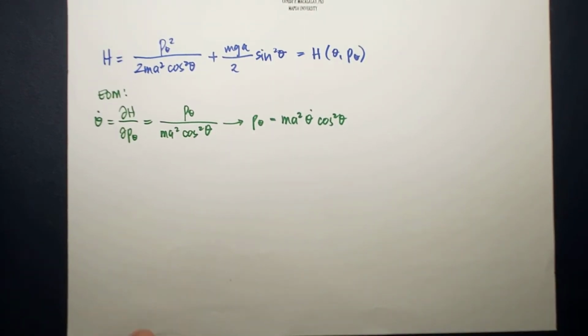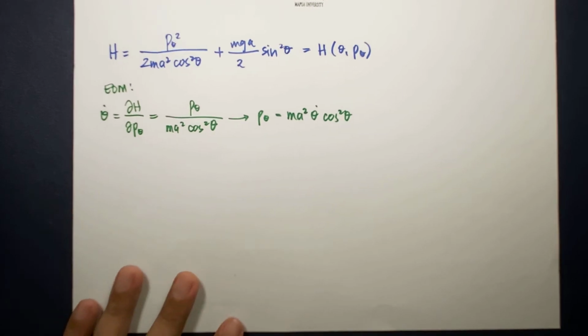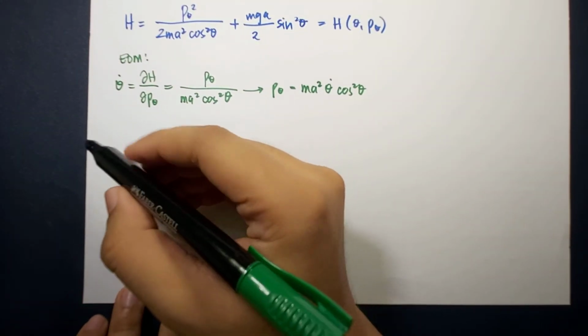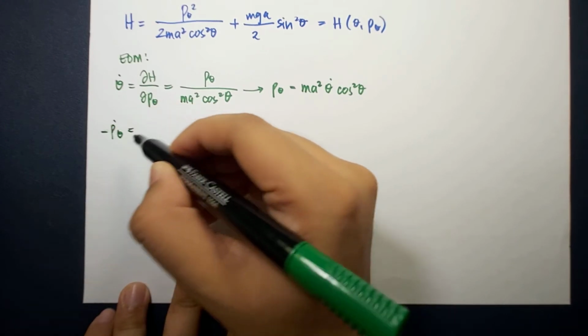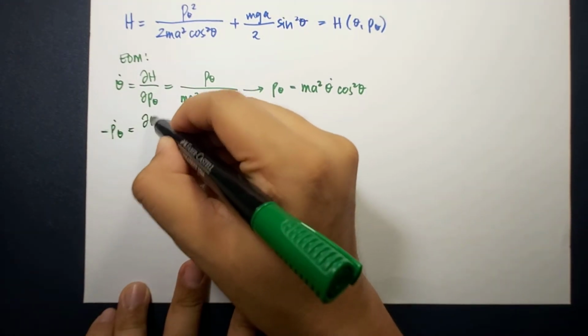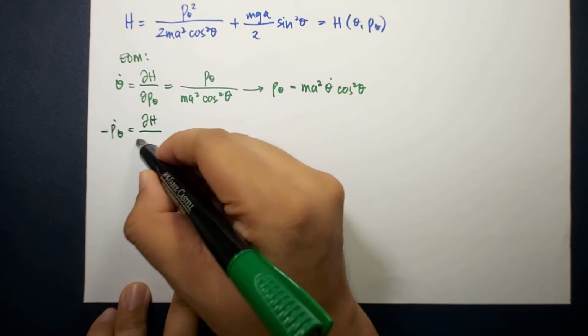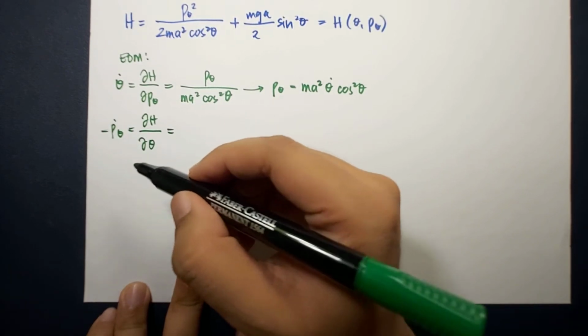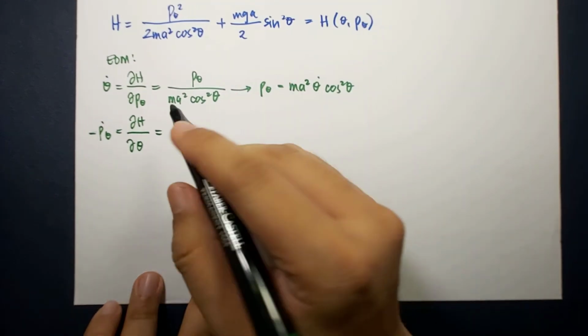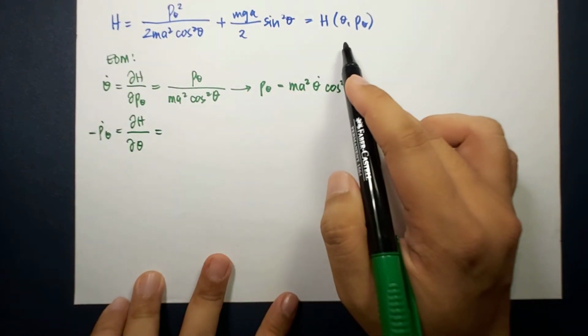Okay, from here we can now get the next equation of motion, which is negative p theta dot equals the partial derivative of H with respect to theta. Okay, so this is your Hamiltonian.